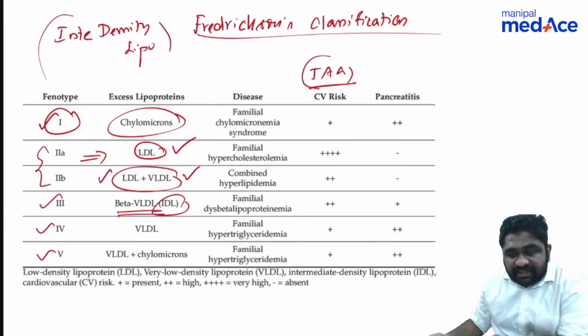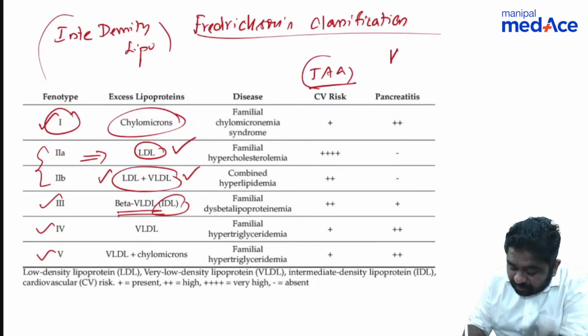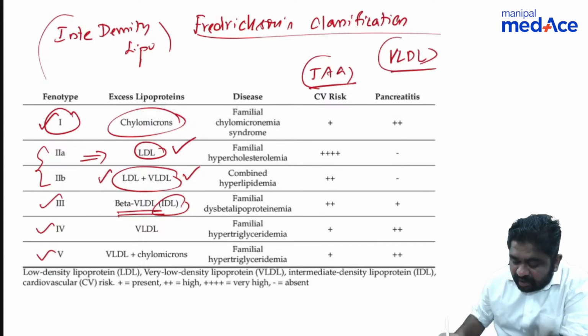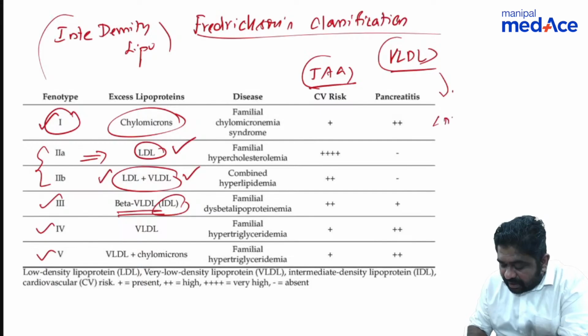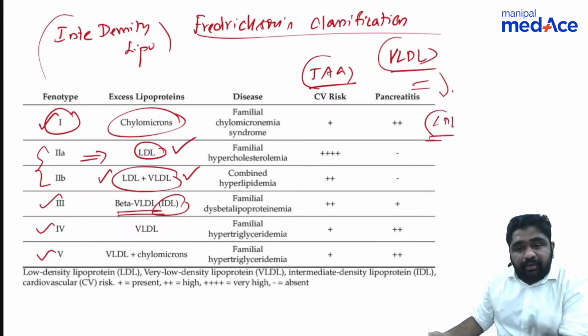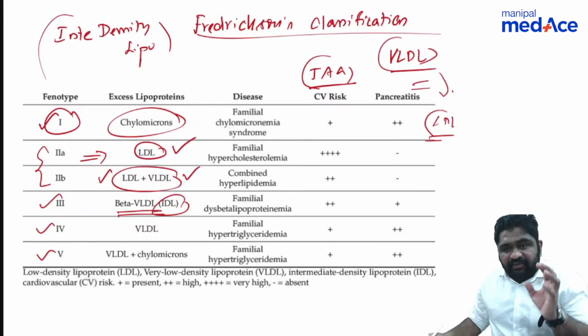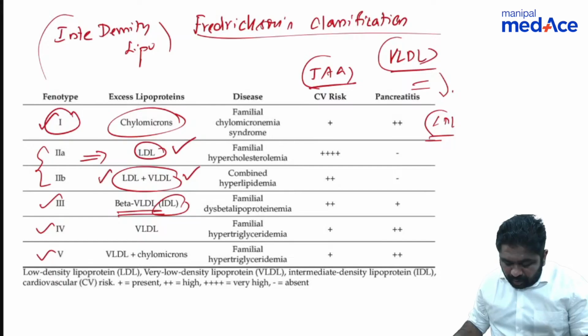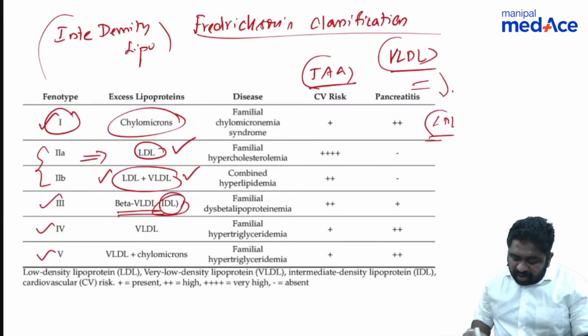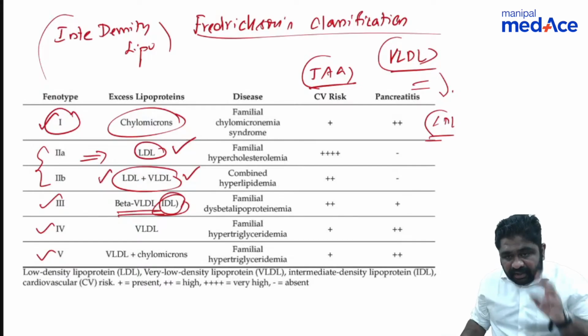It is not a remnant of HDL, it is a remnant of VLDL. When VLDL is trying to become LDL, the intermediate step will be IDL. So you will be having the intermediate where the remnant is supposed to happen. Now, this IDL is a remnant, and you will be able to think of VLDL also having a remnant. That is, VLDL has a remnant and chylomicron also has a remnant.